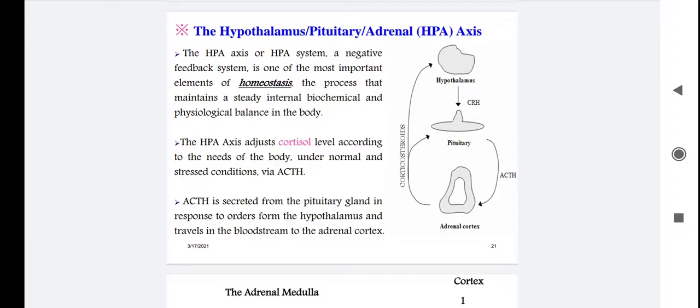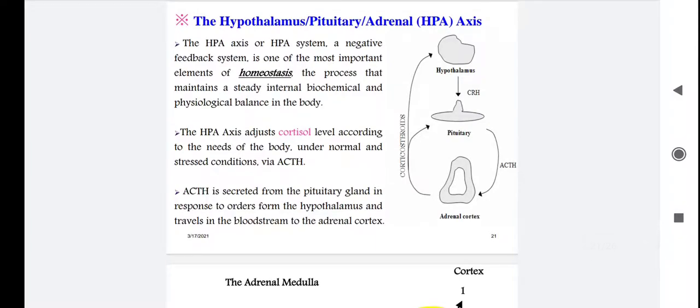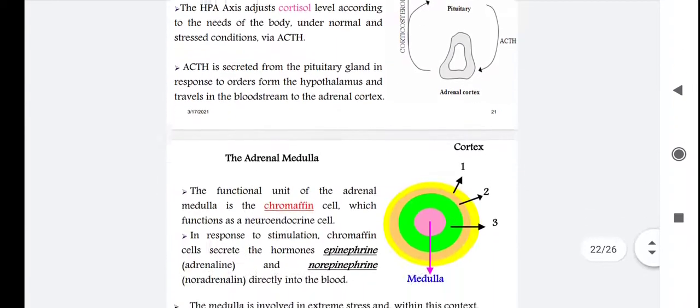This system adjusts cortisol level according to the need of the body under normal and stress condition via ACTH. So the body regulates the production of cortisol through the ACTH hormone. ACTH is secreted from the anterior pituitary gland in response to orders from the hypothalamus and travels in the bloodstream to the adrenal cortex.